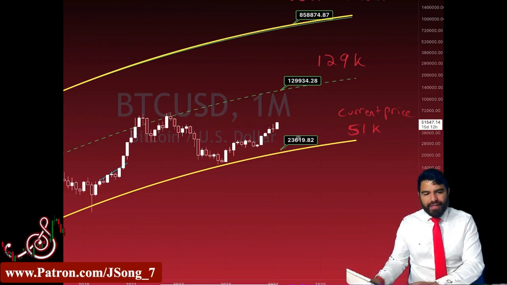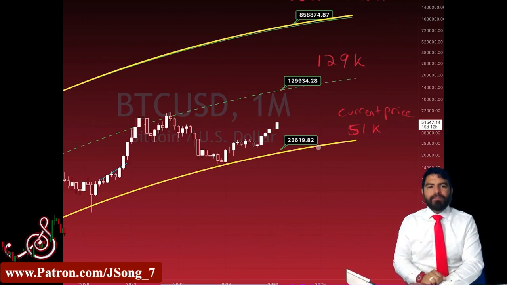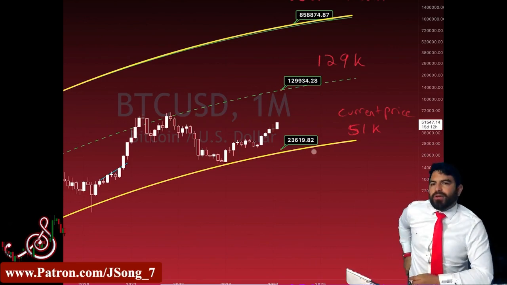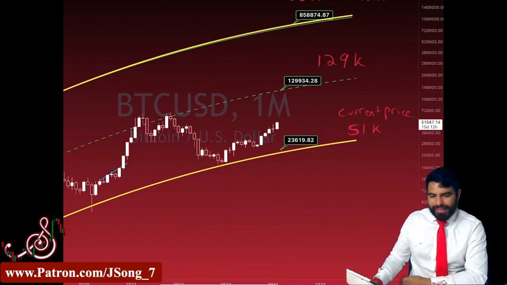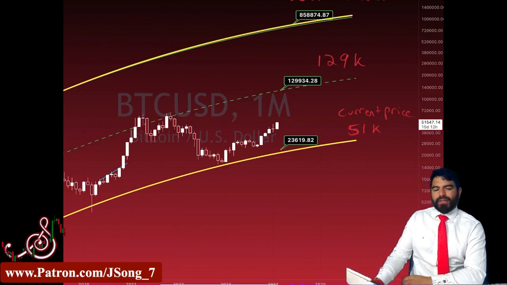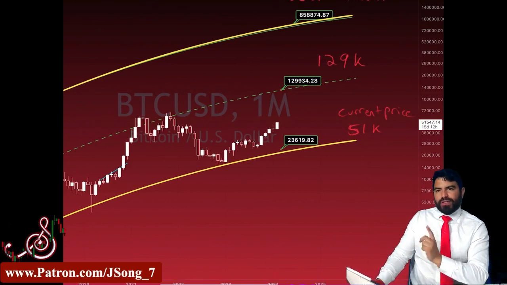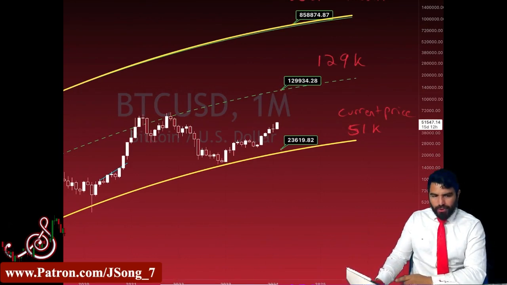I still think that even though Bitcoin's going to have a large drop, it's not going to go to zero unless we're really building below 23,000, or unless there's some kind of big hack or glitch or something like that. Okay, but overall, there's a strong uptrend.